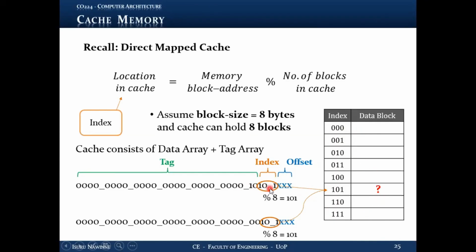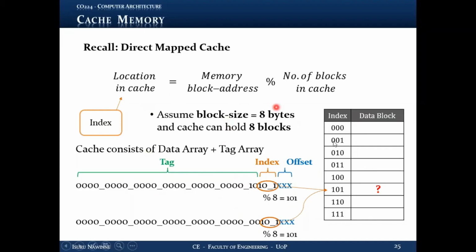So this index field will widen, and when the index field widens, you have a better chance of having addresses mapped to different indices rather than the same index, right? So that is the idea behind increasing the size of the cache.